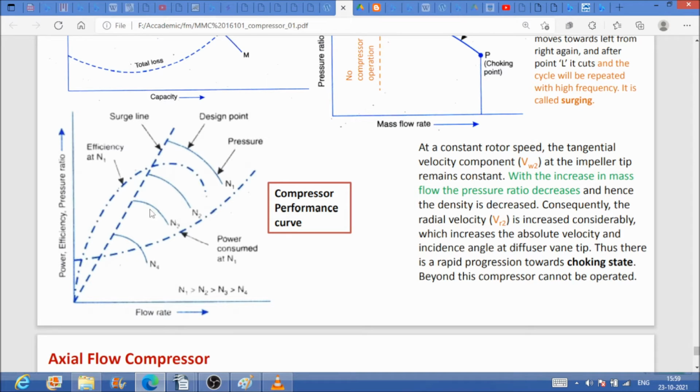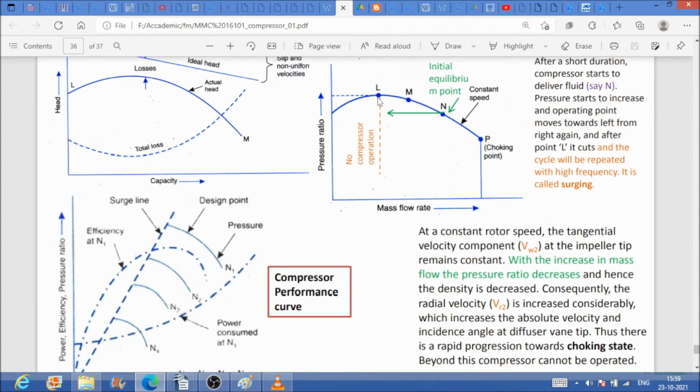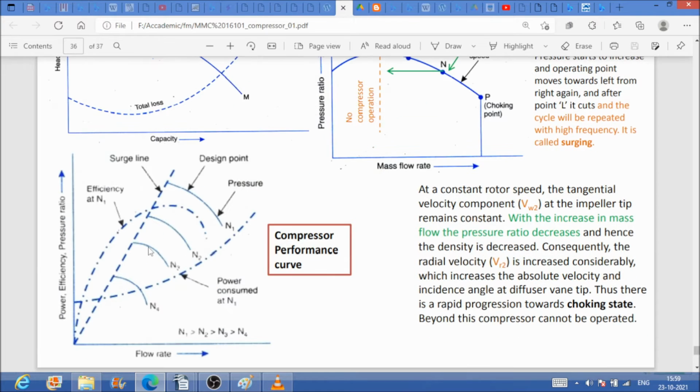Now you see this figure. These are the curves, the same curves you have seen here, pressure ratio curves at different speeds. You can see these are the maximum pressure ratio points, and this is the surge line.